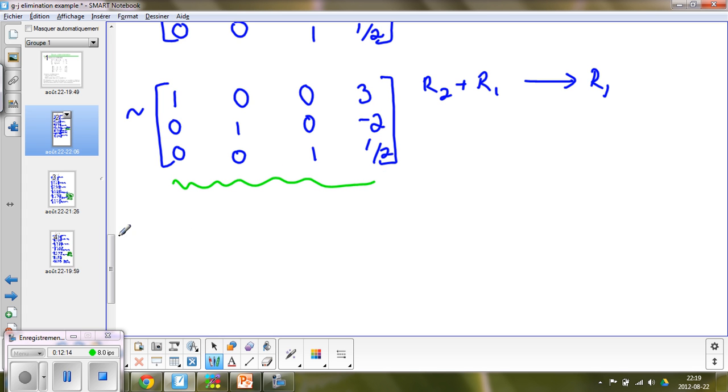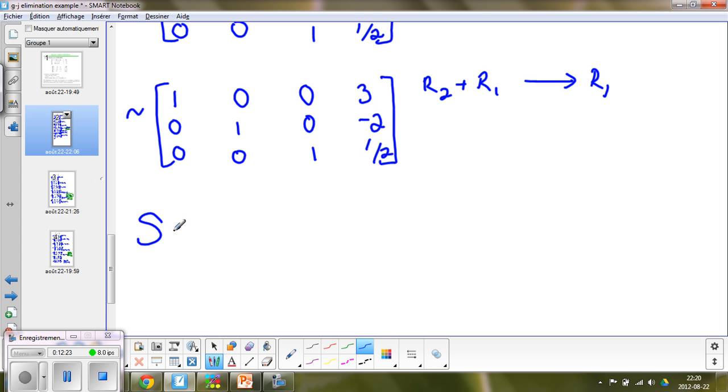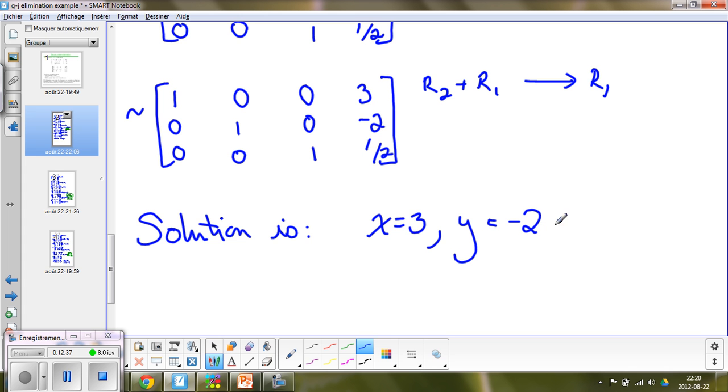This is why we only use the allowed row operations, which means that we've got an answer. So the solution is x equals 3, y equals minus 2, and z equals a half, which you could also write this way.